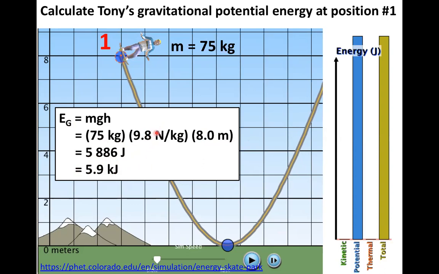If you used 2 significant figures, you might just look to the 2 numbers in the original problem and round to 5.9. But if this was 75.0 and this was 8.00 and this was 9.8, the smallest number of sig figs is 9.8, so you would have to round to 5.9 kilojoules.